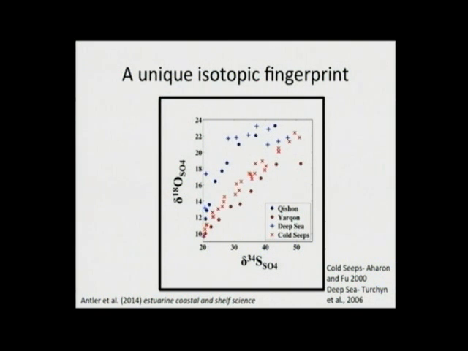And also data from the deep sea, where we don't have a lot of methane, and the dominant process is bacterial sulfate reduction. And what I want to say is that we have here a fingerprint for each one of the processes. In anaerobic methane oxidation, we're getting this straight line, and in bacterial sulfate reduction, we normally get these lines that go into equilibrium.